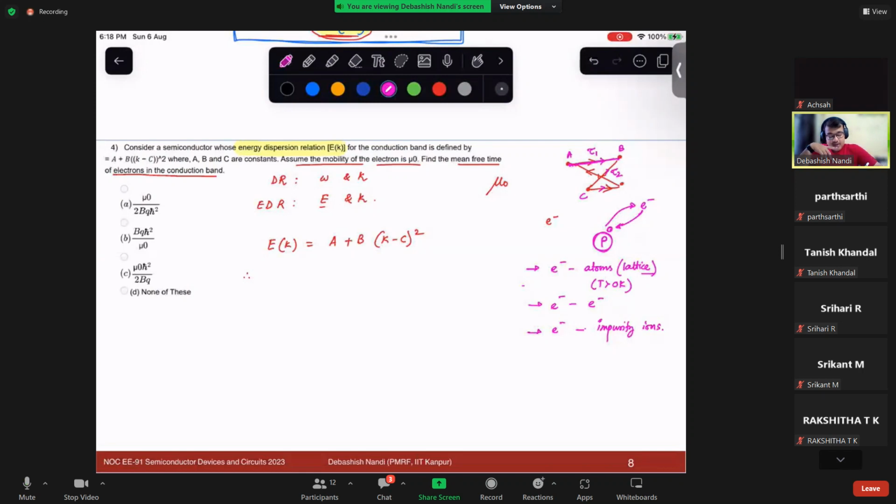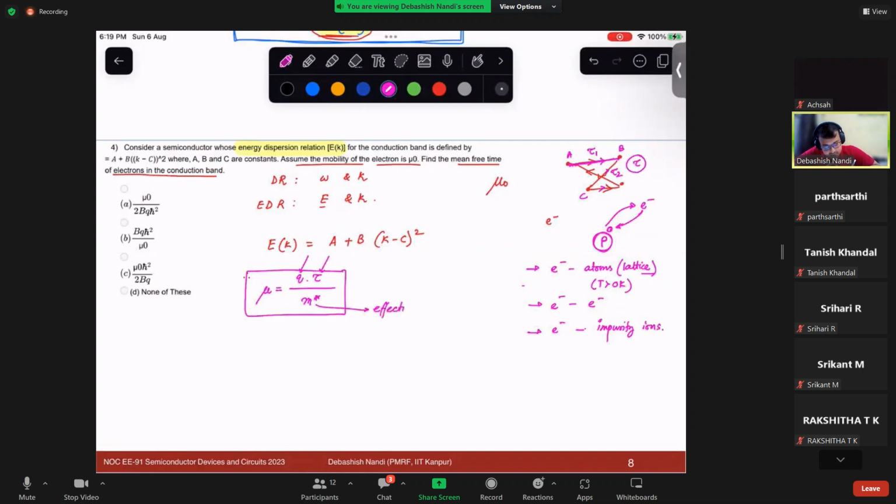If you take the average, that average t is the mean time between collisions. That is called the mean free time. You must have gone through the derivation, because it would be very difficult to explain here; the derivation would take the entire time. I'll just tell you this is the formula for mobility: q is charge, tau is mean free time, m is effective mass.